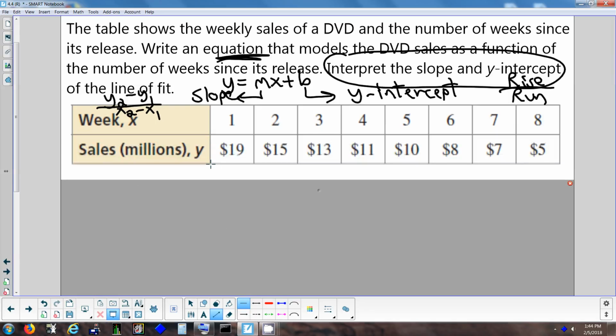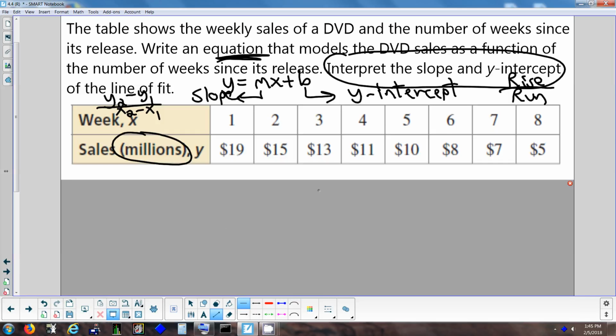So here's all the information. When we give you the table, we're always going to tell you what the x is and what the y's are. It's saying that after 1 week, this DVD made $19. I don't care, it's really not making any money. Look at the millions, right? Sometimes you have to pay attention to what it says.